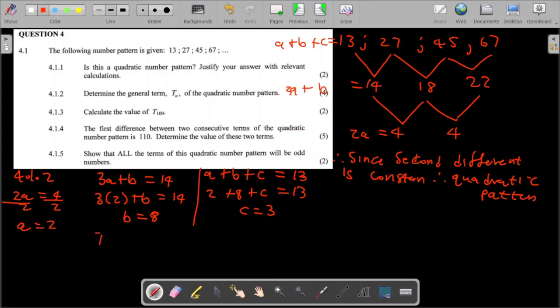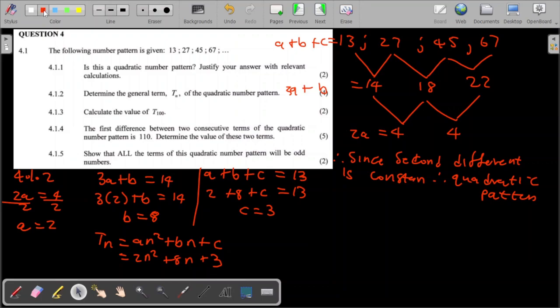Now Tn is equal to an squared plus bn plus c, which is 2n squared plus 8n plus 3.